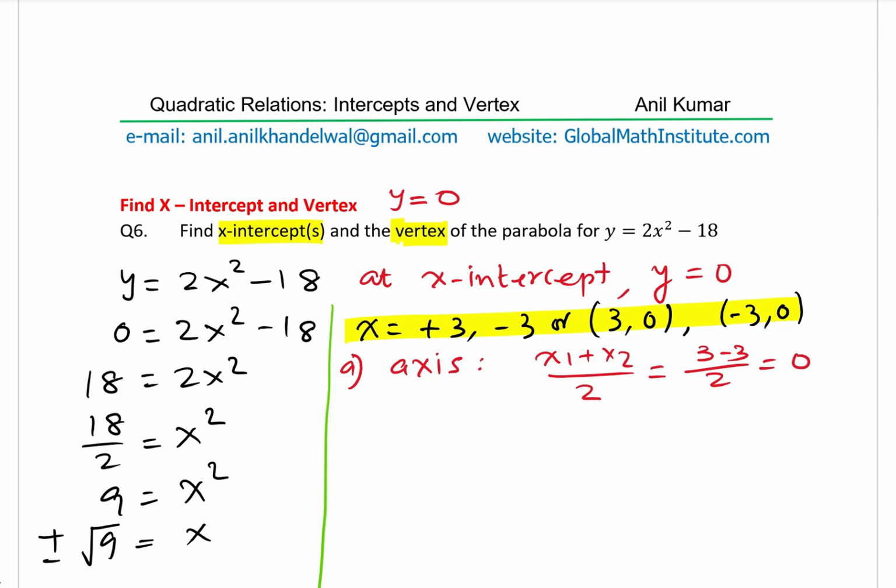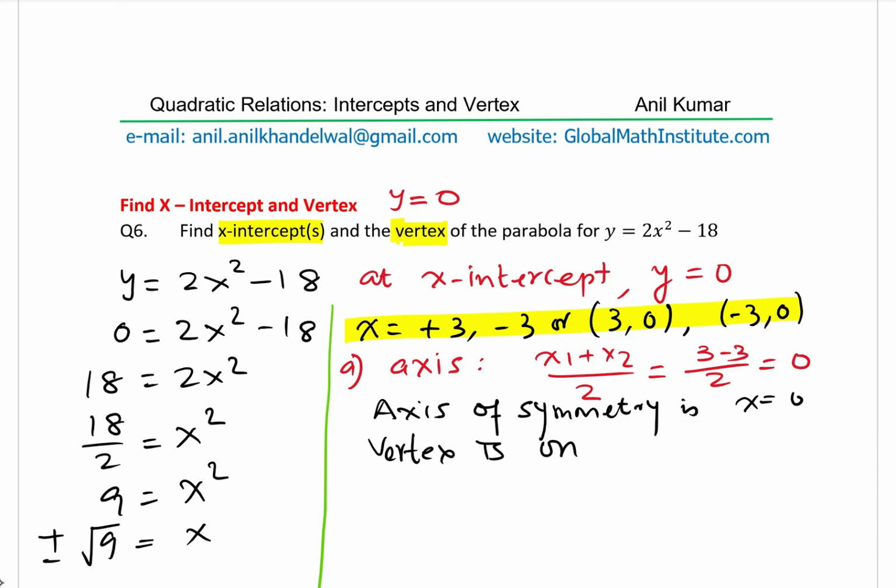And that gives us that the axis of symmetry is x equals 0. The vertex is on the axis, correct? Always, the vertex is on the axis.